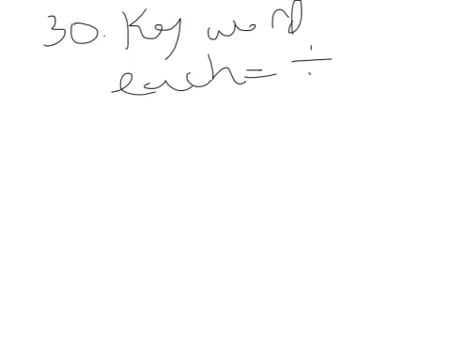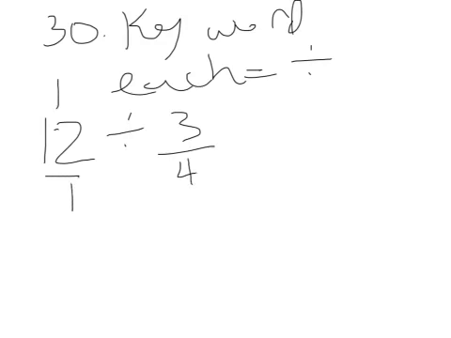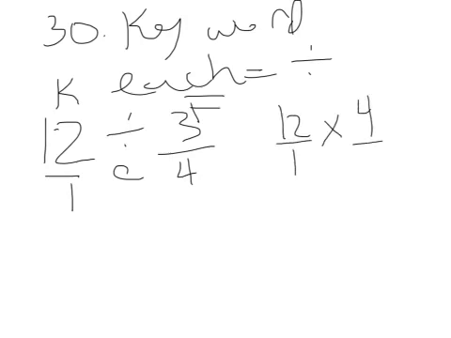So I'm going to do 12 divided by 3/4. Well, I'm just going to go ahead and write a 1 under the 12 and do the KCF. So I'm going to have 12 over 1 times 4 over 3.